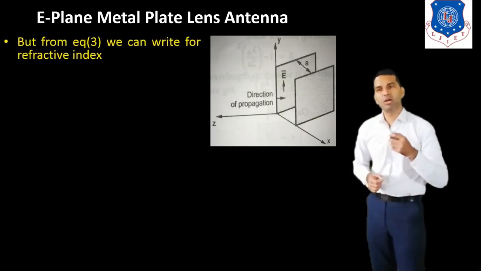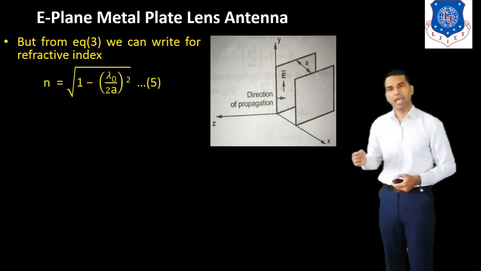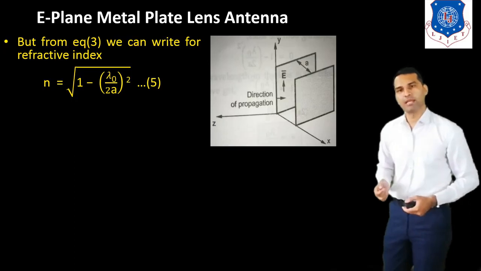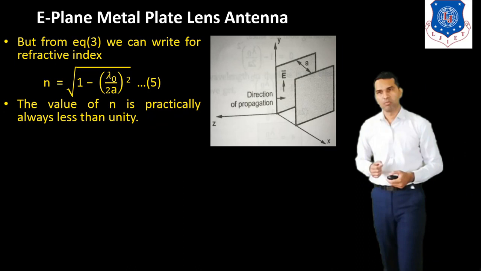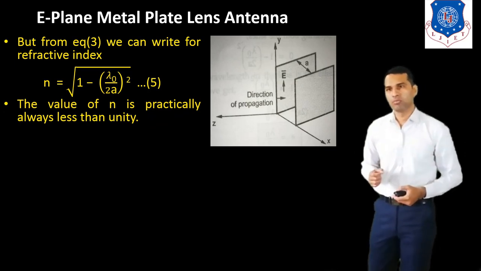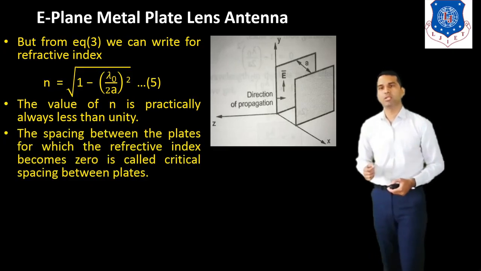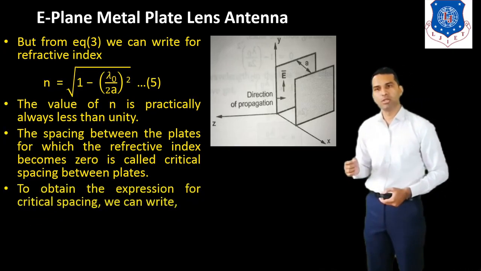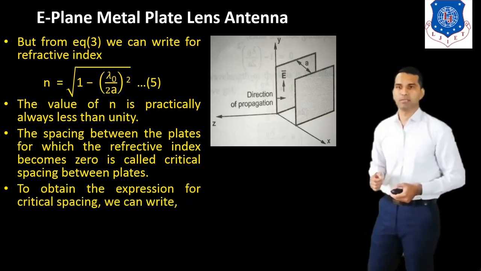But from equation number 3, we can write for the refractive index n = √(1 - (λ0/2a)²). The value of n is practically always less than unity. The spacing between the plates for which the refractive index becomes 0 is called the critical spacing between the plates.